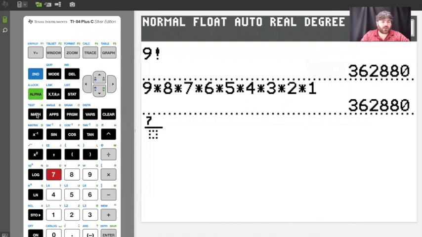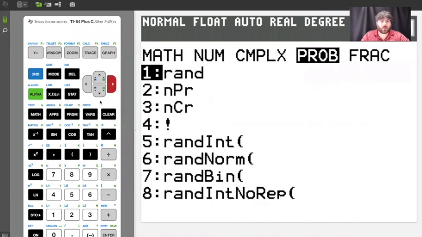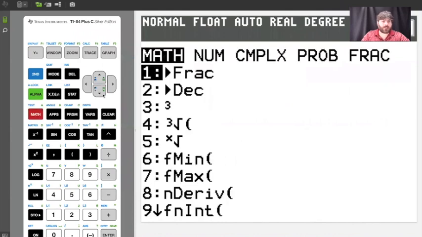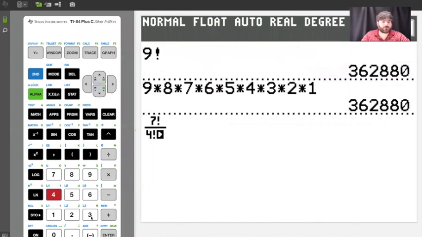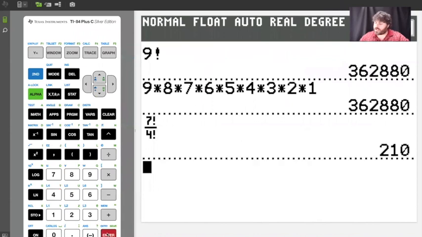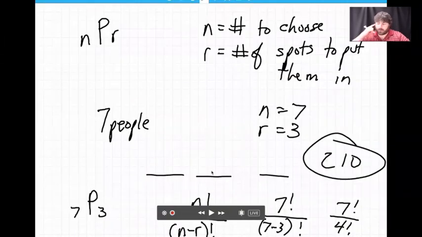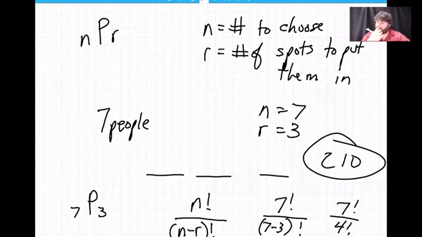Then do 7 math, number 4, divided by 4 math, number 4. And you get 210. So what that tells me, there's 210 ways that 7 people, okay, can be put into 3 positions, first, second, and third.